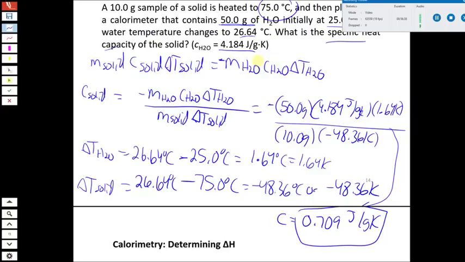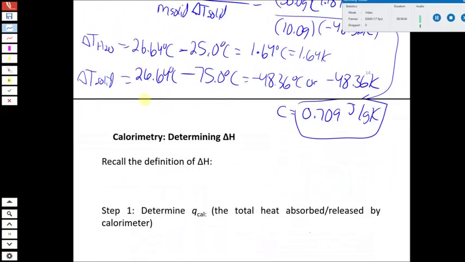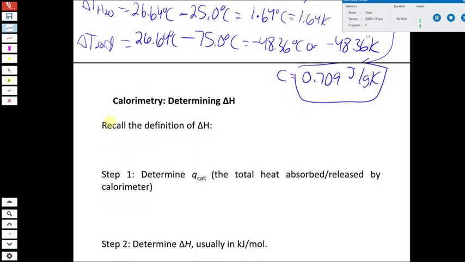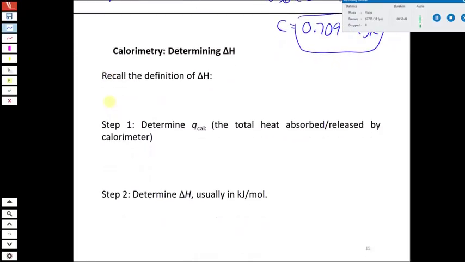All right, so the other thing that we can do with calorimetry is determine enthalpy changes, delta H. Okay? So if we're going to measure delta H using a calorimeter, remember that delta H is equal to delta E plus P delta V. And the way that we measure delta H then is by measuring the heat at constant pressure.